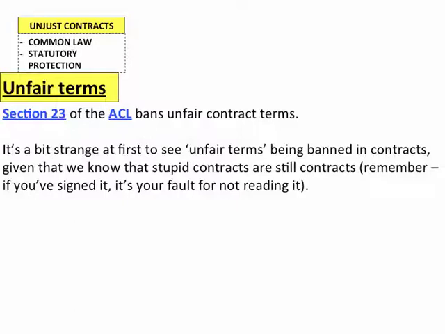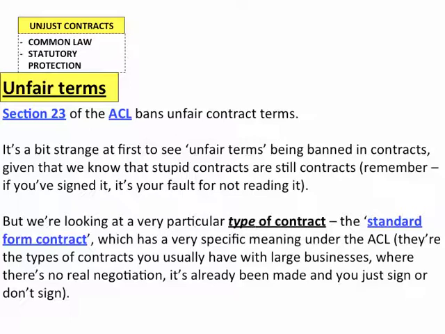Yeah. So there is this balance between to what extent can you legally trick people, and can you not? Do you get stopped from having unfair terms? So the specific thing that we're going to look at here is not any contract, but a special type of contract, the one that we looked at a little bit, called the standard form contract. That has a very specific meaning under the ACL.